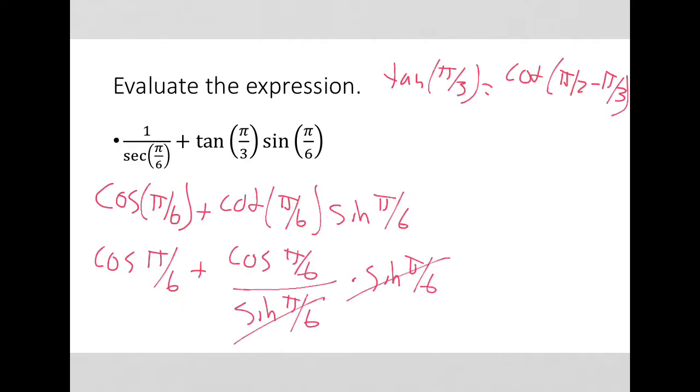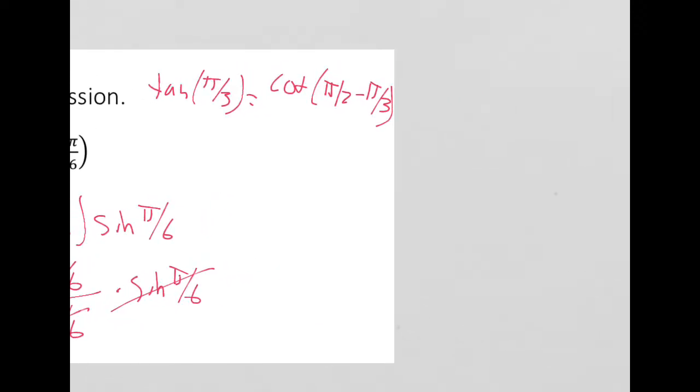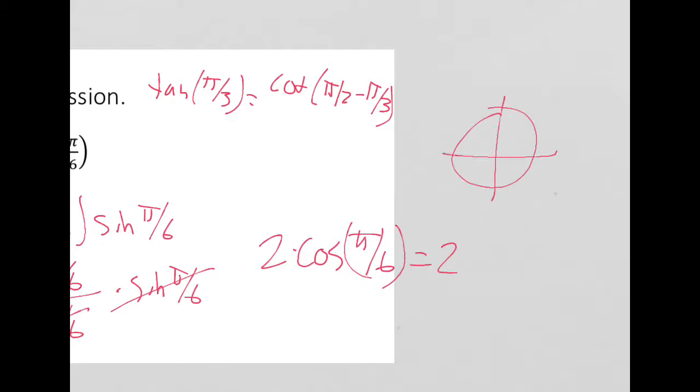So I have cosine of pi over 6 plus cosine of pi over 6, which is 2 times cosine of pi over 6. And I know that cosine of pi over 6, well, again, draw a little unit circle. Pi over 6 is not there, but it is right there. And the cosine is root 3 over 2. So I have 2 times root 3 over 2. The 2's cancel, and I get root 3.